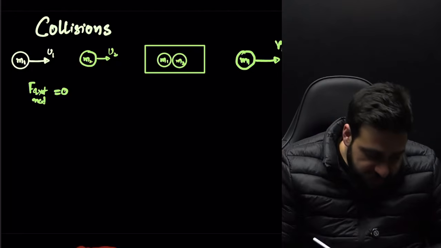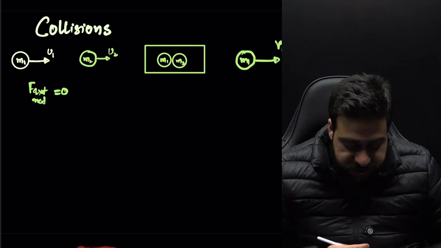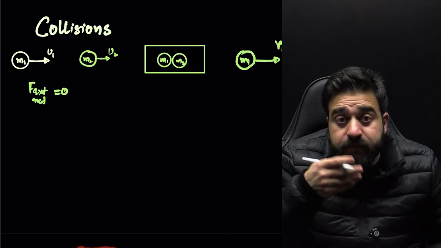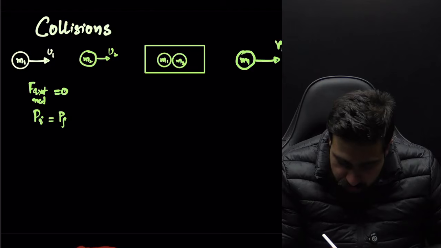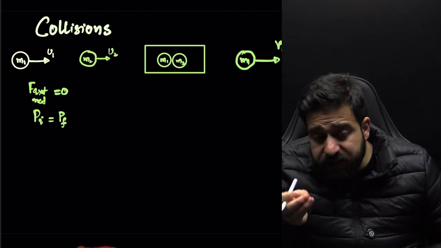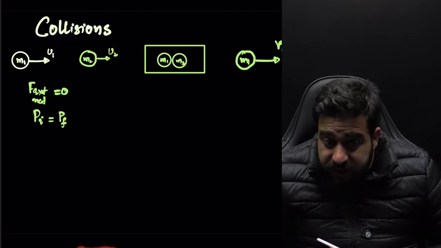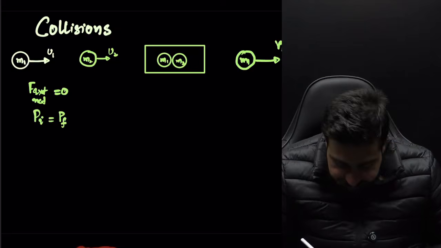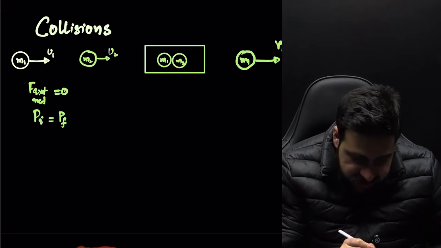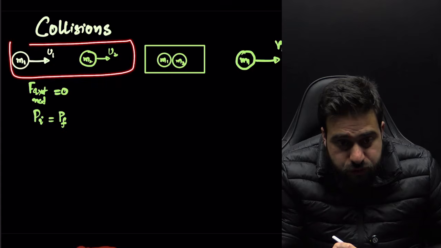If the net external force on the body is 0, we say momentum is conserved. We say initial momentum is equal to final momentum. So can I say in this particular case also momentum will remain conserved? Absolutely, sir. Now, what is the initial momentum of this entire system, that is the momentum of these two masses?